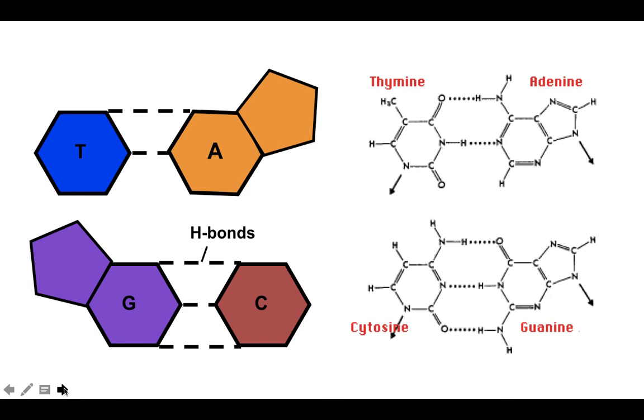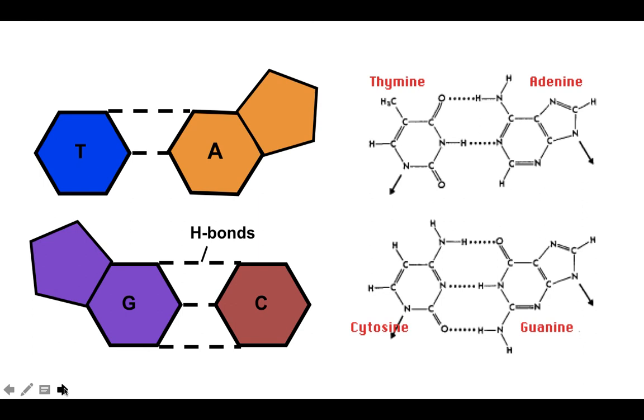Remember that a hydrogen bond is the attractive force between the hydrogen attached to an electronegative atom of one molecule and an electronegative atom of a different molecule. Usually the electronegative atom is an oxygen, a nitrogen, or a fluorine, which all have a partial negative charge in this kind of association.